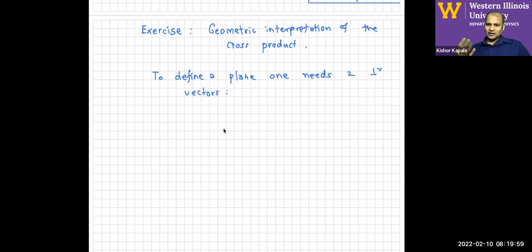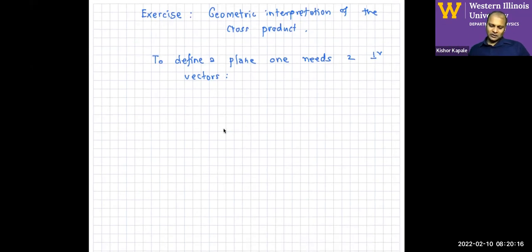Or you need a normal vector at any given position. But the normal vector is not constant, it depends on the shape of the plane. So if the shape of the plane is changing, then the normal vector itself is going to be different at different points in space. Actually, the same thing would work for these two perpendicular vectors.